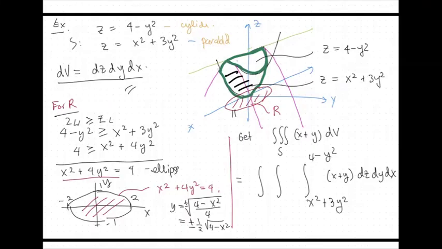So the upper one is 1/2 square root of 4 minus x squared. The lower one is negative 1/2 square root of 4 minus x squared. And of course, your x will run from this and this, so negative 2 and 2. Okay. So I think that's clear.